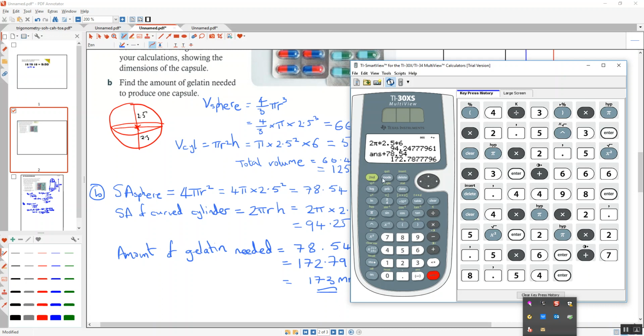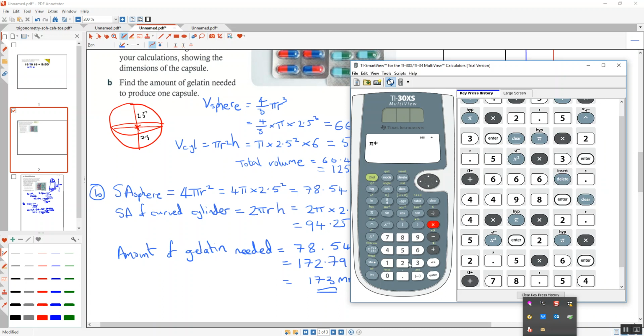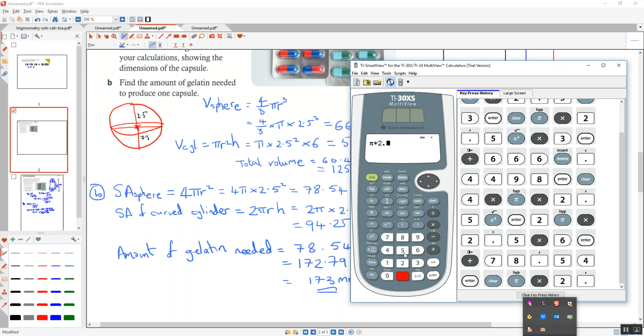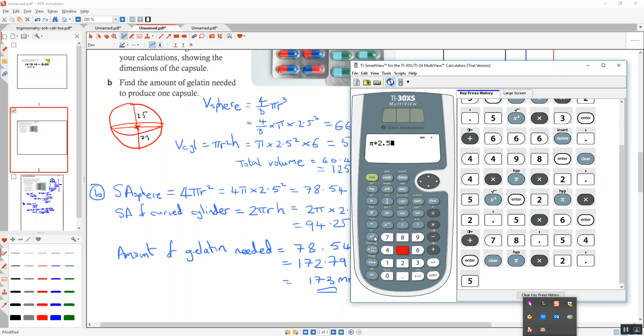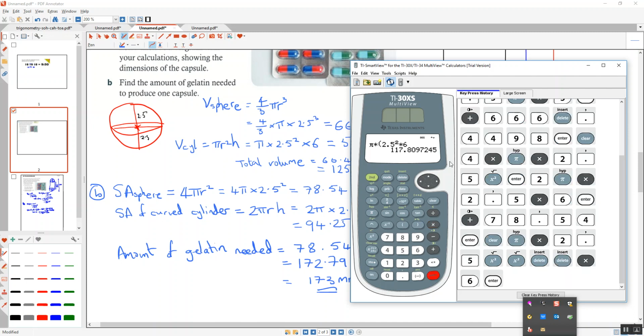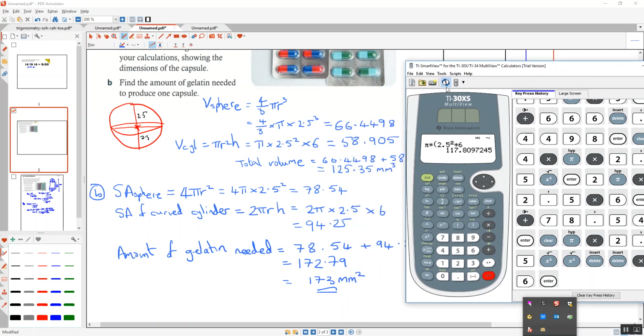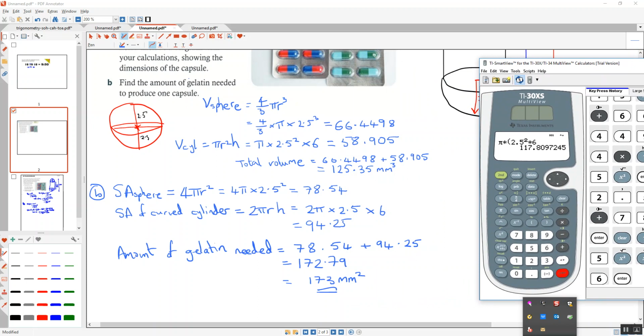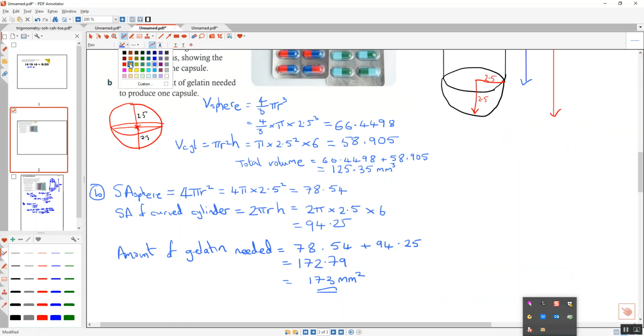So if I redo that, pi multiplied by 2.5 squared multiplied by 6 gives 117.81.